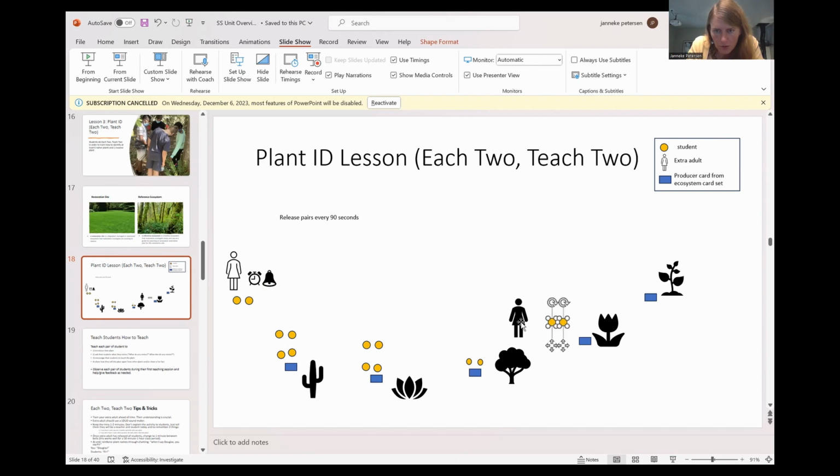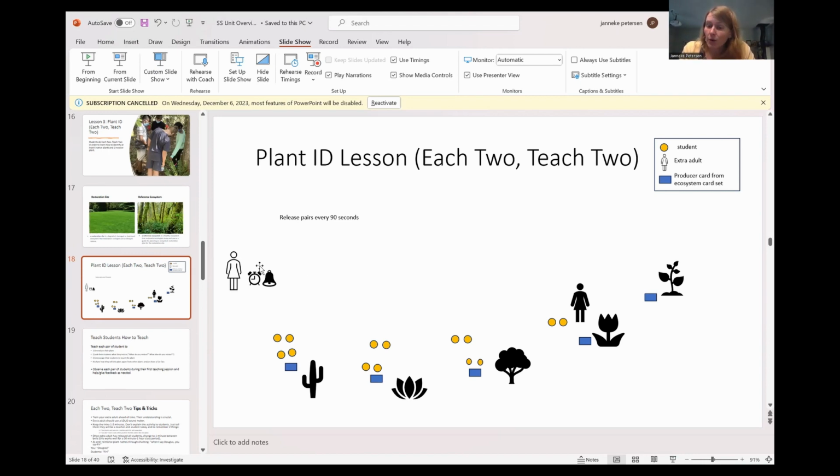These guys come to you to learn about this plant. These guys go learn about their third plant. This pair comes to learn about their second plant. And these students who have just been released from the group come to learn about their first plant. So this continues. If you have 30 students, this continues 15 times, right?